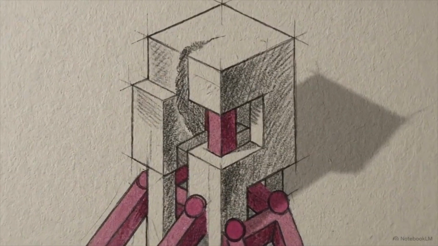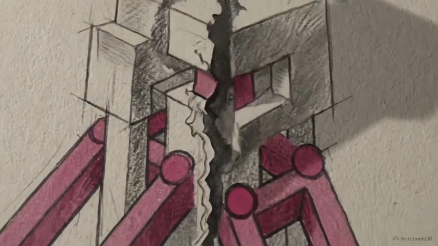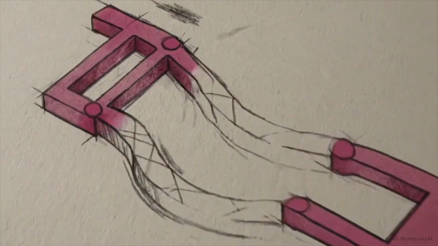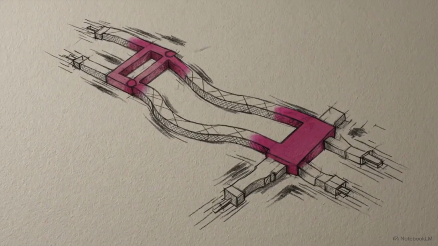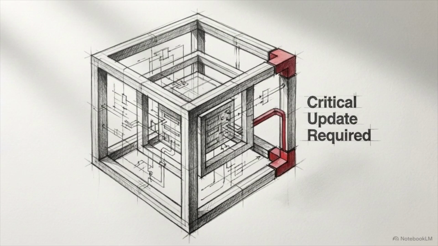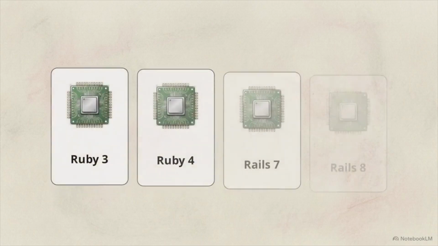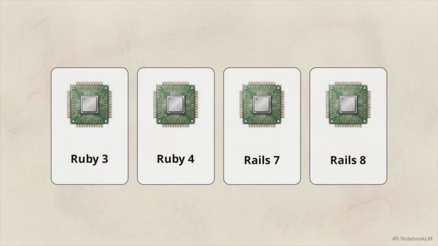In March 2026, the Ruby ecosystem split into two distinct tracks, forcing immediate architectural changes for enterprise applications. The first track involves an urgent security lockdown. Maintainers released patches for the Ruby 3 and 4 series, alongside simultaneous updates for Ruby on Rails versions 7 and 8.